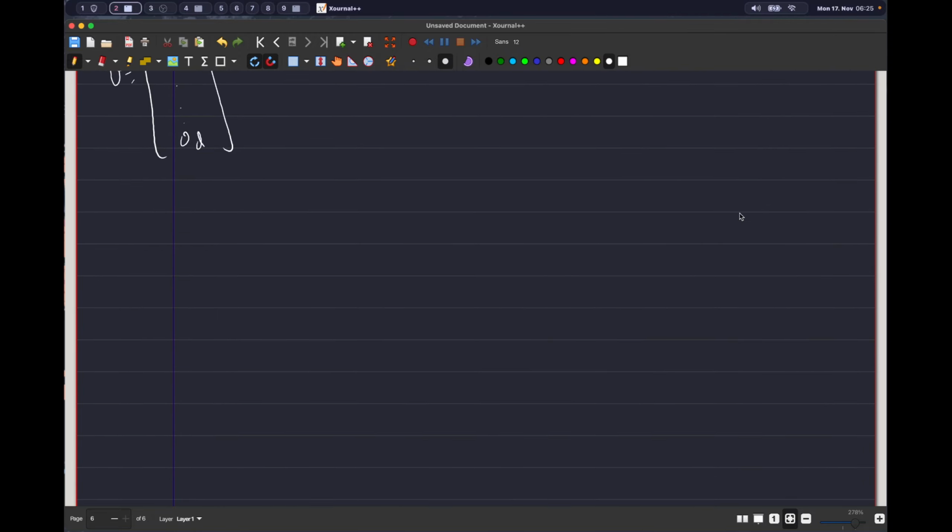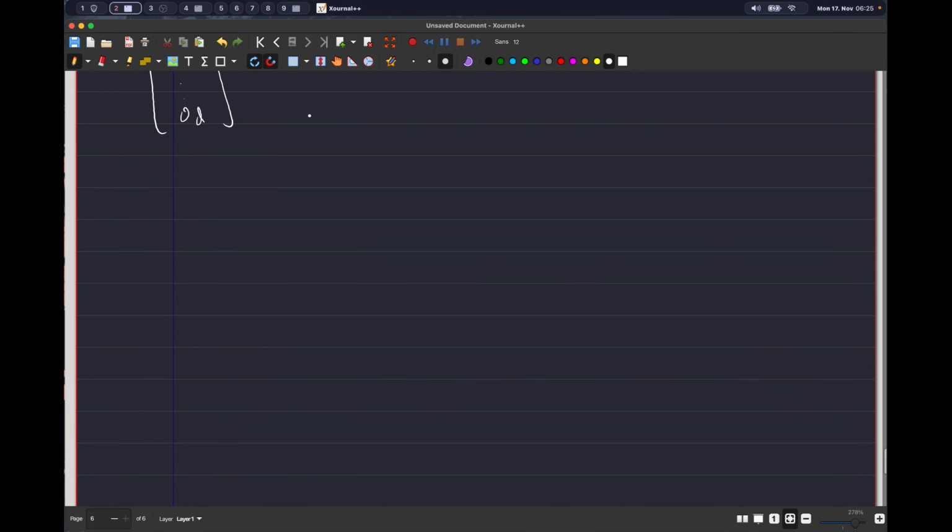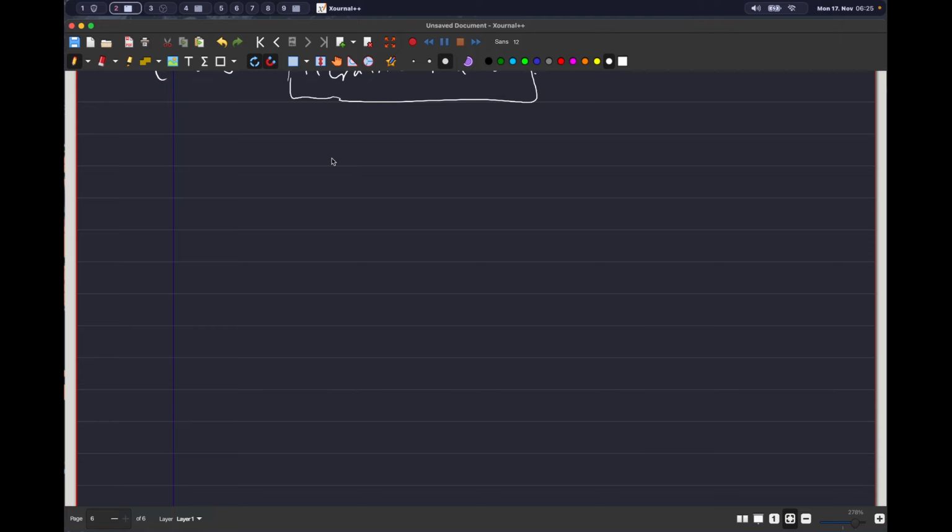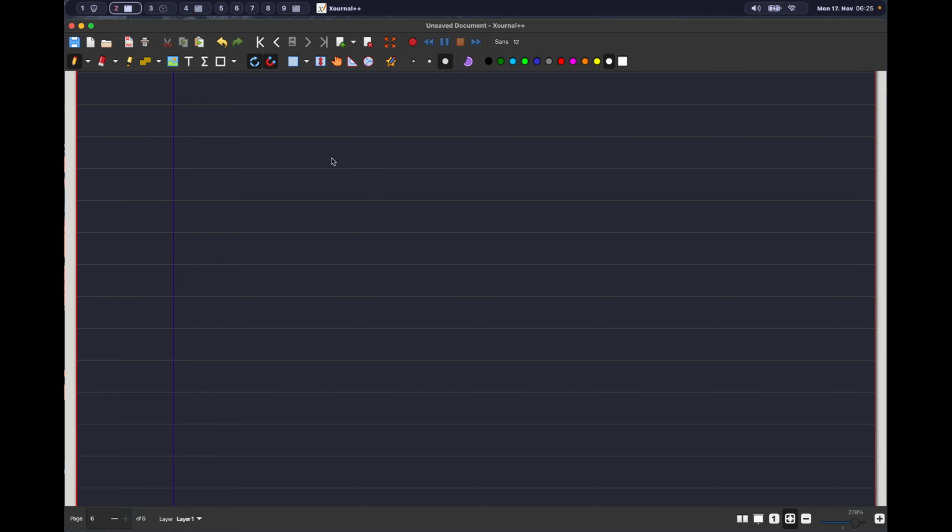Now another way to solve, so this was an iterative method. Another way to solve is using the matrix derivatives. So suppose you define a big matrix of all the training samples in your data, like this.